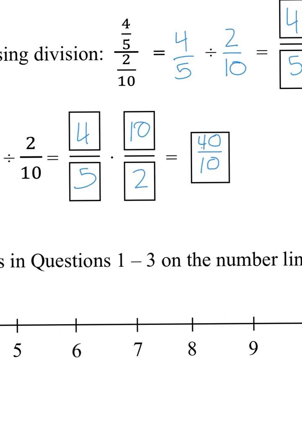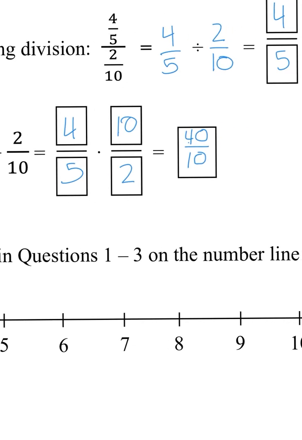So we're going to divide both the numerator and the denominator by 10. 40 divided by 10 is 4, and 10 divided by 10 is 1. How many times will 1 go into 4? Can that be reduced some more? Absolutely. 1 will go into 4 whole times. So my final answer is 4.